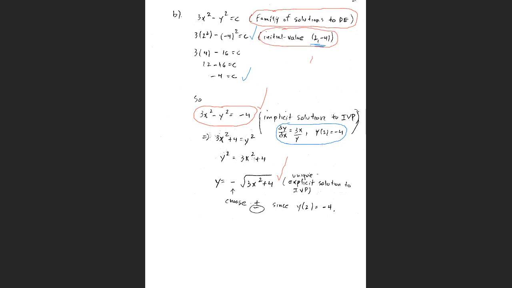In other words, when we say that y of 2 equals -4, that's the same thing as saying that the solution to the differential equation has to pass through the point 2, -4. I thought it was 2 sub 1, so thank you. Oh, no, that's a comma. I'm glad you asked. Always ask.